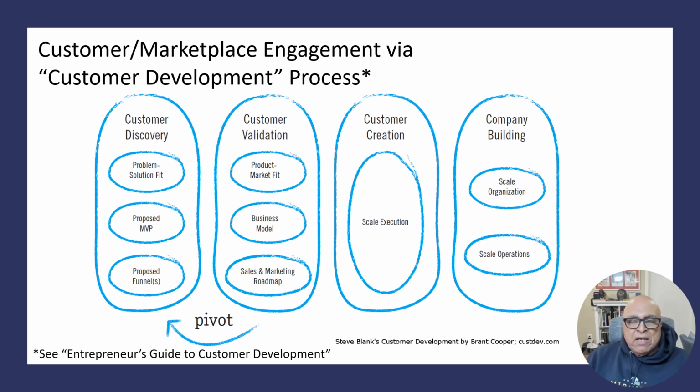And then the fourth step, can I build a large company? Can I scale up the organization and my processes and introduce new product lines related to the initial one, where I've developed a large and sustainable company? So those are the basic steps.